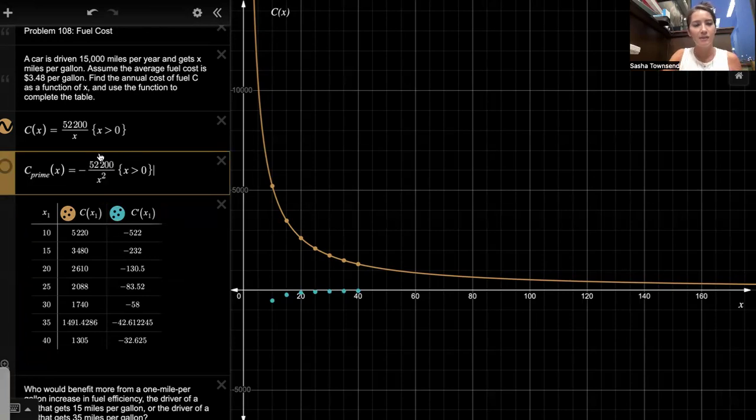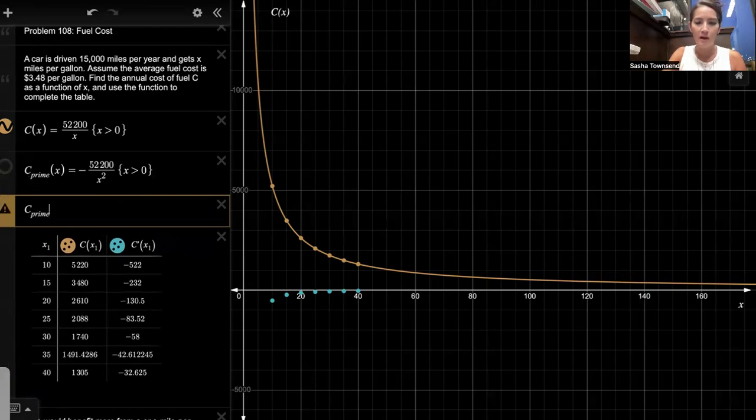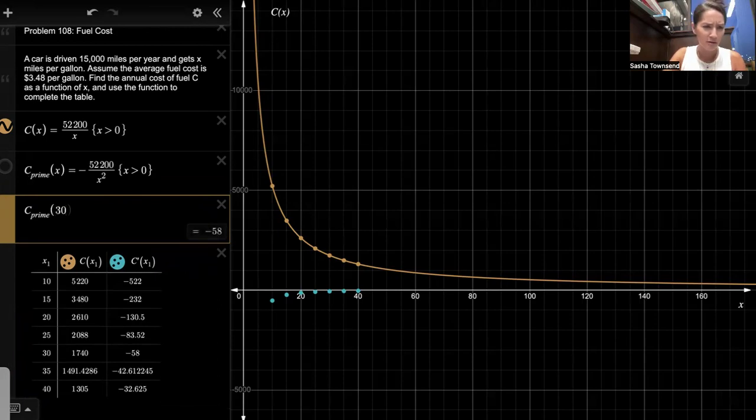But just to confirm that that is the same function that Desmos is calculating when it calculates C prime, I'm just going to type C prime of, let's choose 30 miles per gallon. We get negative 58. So remember what that means.